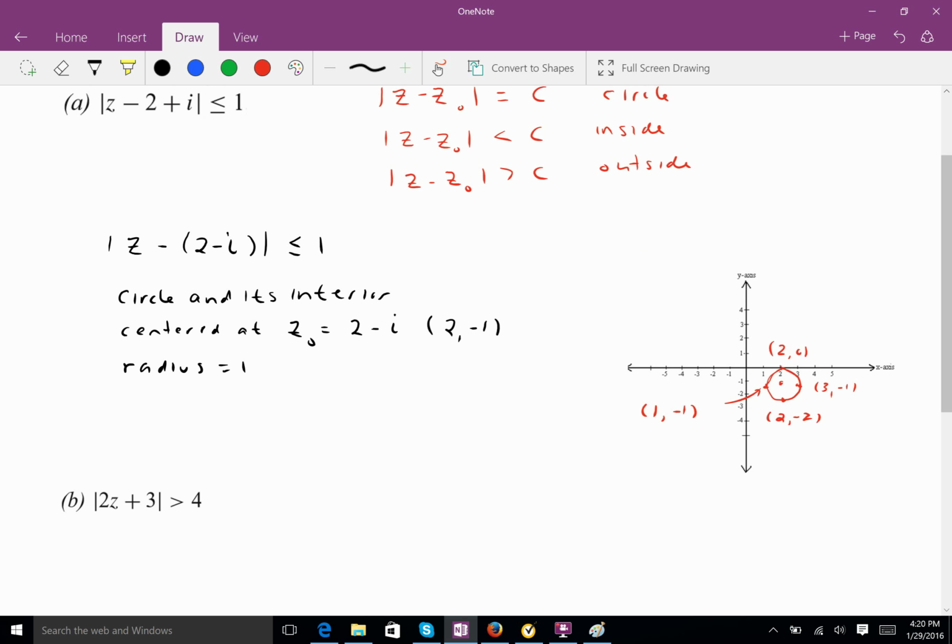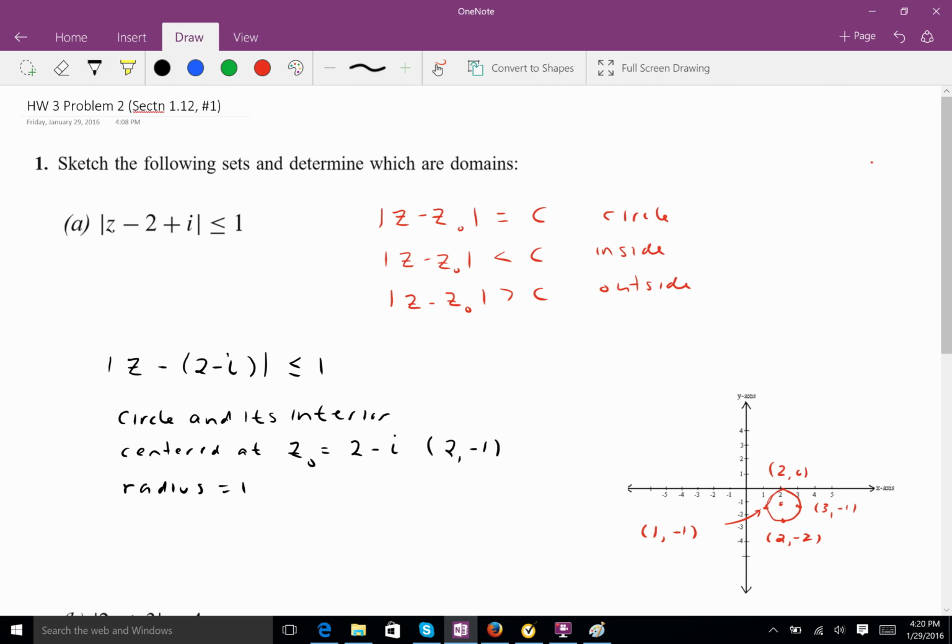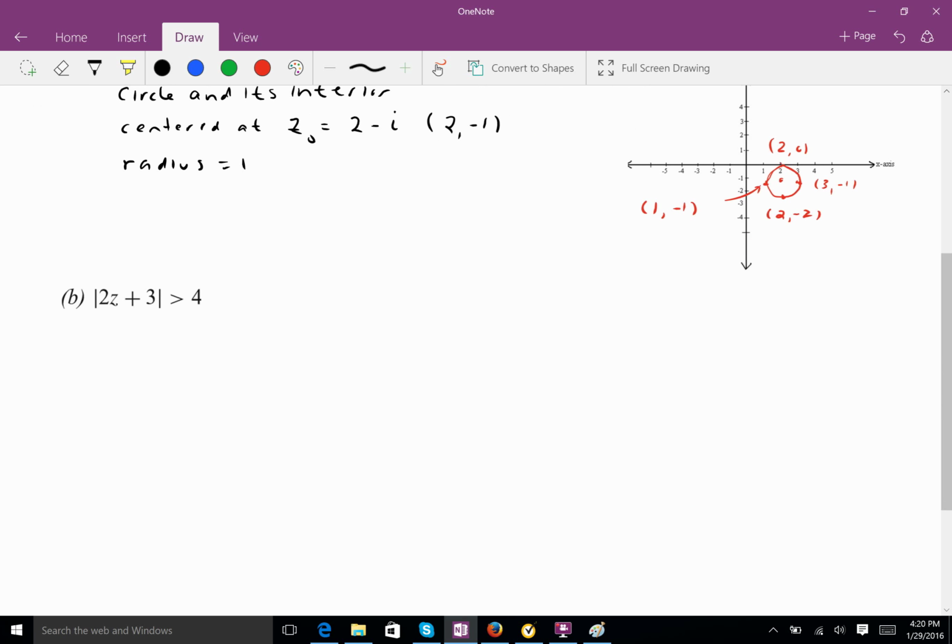Because notice that the form is |z - z₀|. It's not something times z, okay? So the first thing I'm going to do is factor a 2 out of there. So this will be |z + 3/2| is greater than 4.